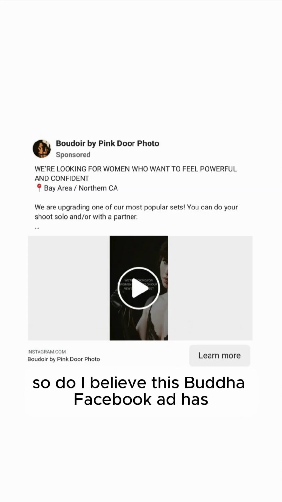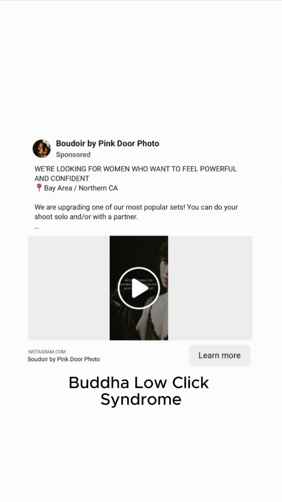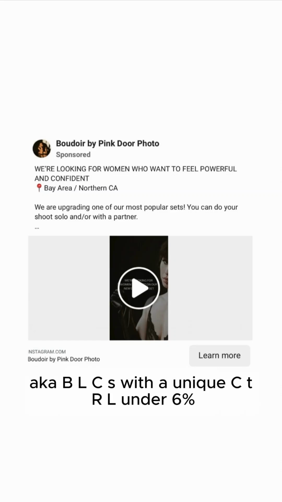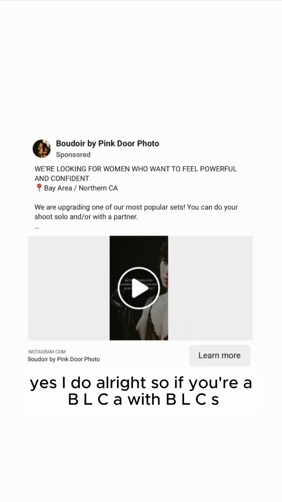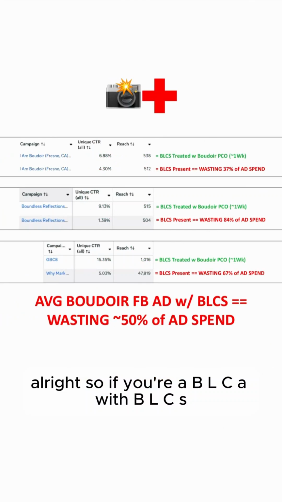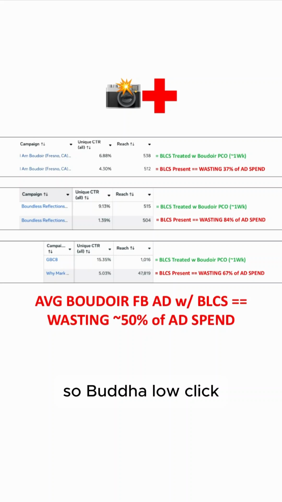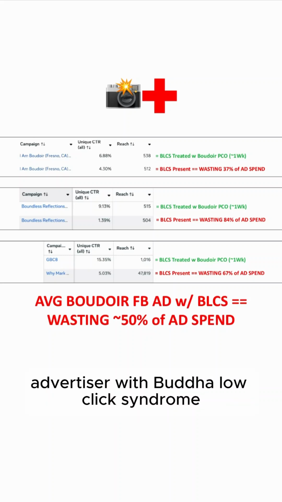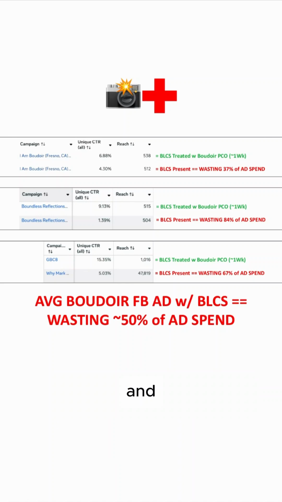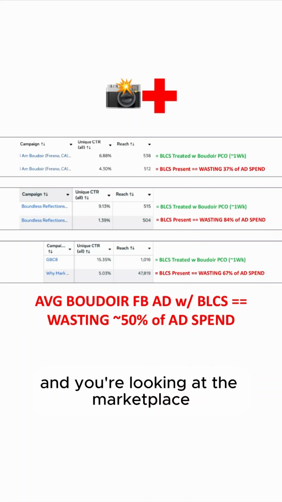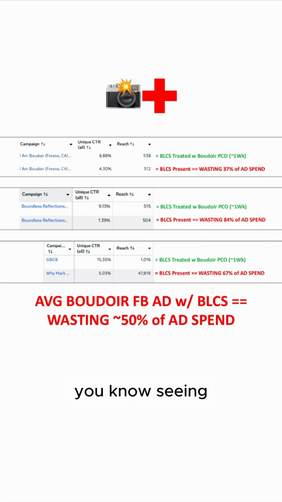So, do I believe this Boudoir Facebook ad has Boudoir low click syndrome, aka BLCS, with a unique CTRL under 6%? Yes, I do. All right, so if you're a BLCA with BLCS, so a boudoir low click advertiser with Boudoir low click syndrome, and you spend more than 10 grand a month in Boudoir Facebook ads, and you're looking at the marketplace, seeing it's getting more and more saturated for boudoir photographers.